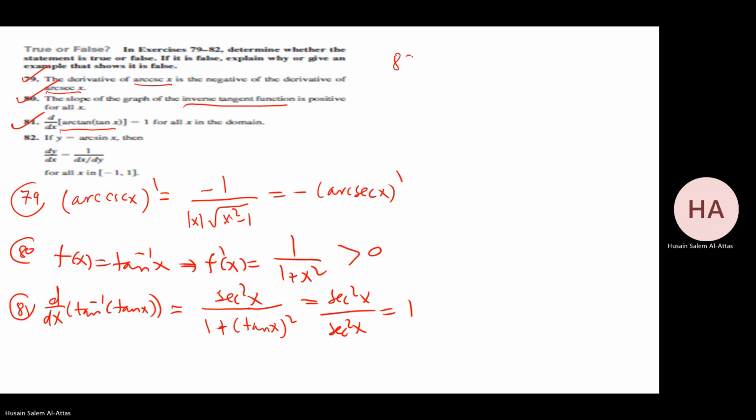82 is the only false. Why is that? Because we have a problem at -1 and 1. This one will be 0.